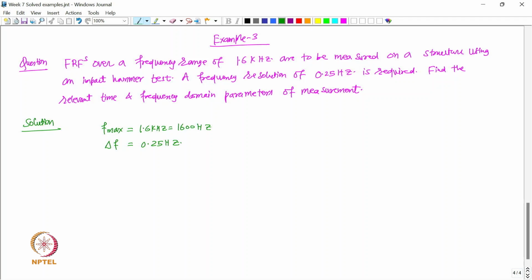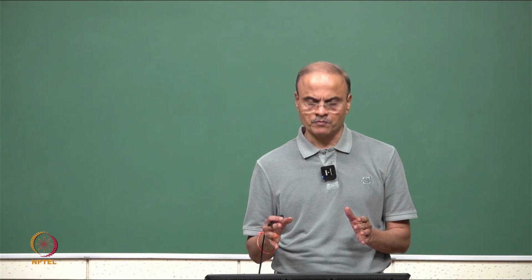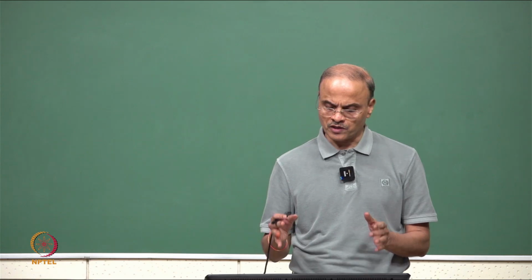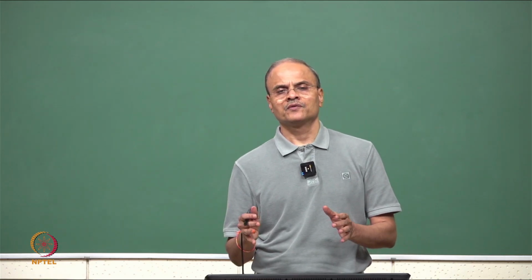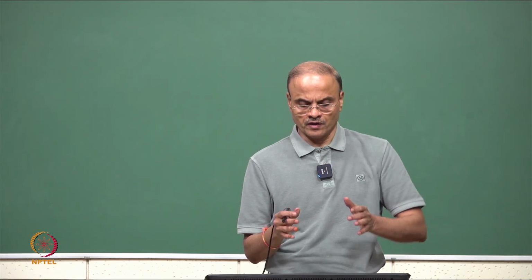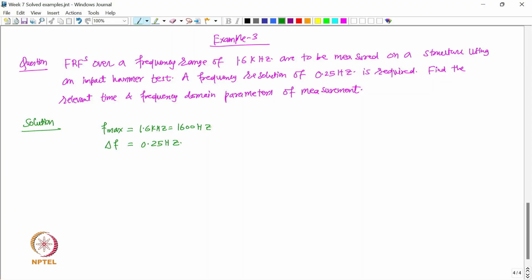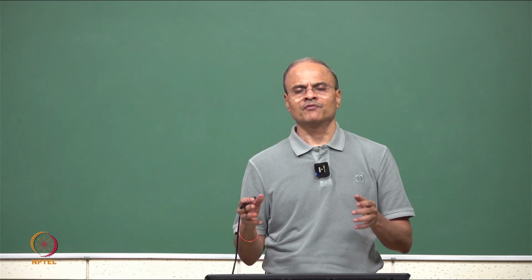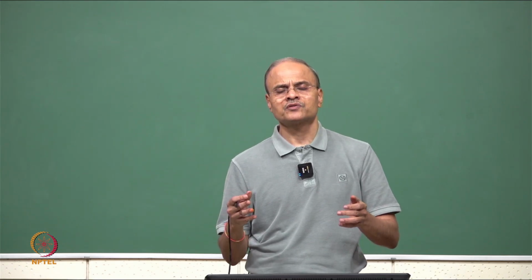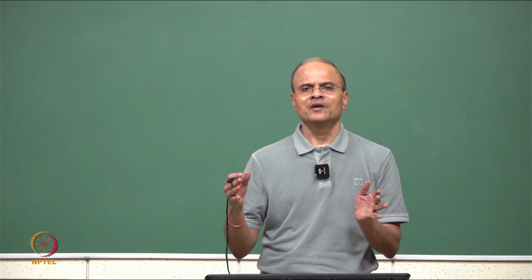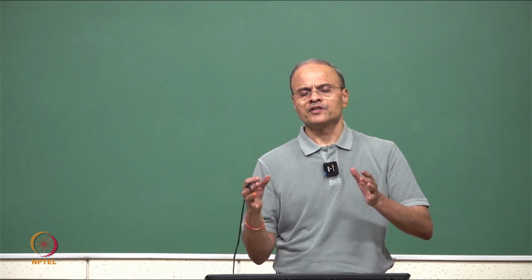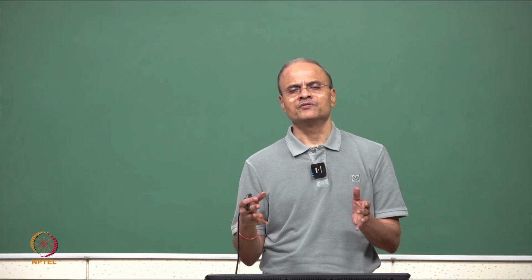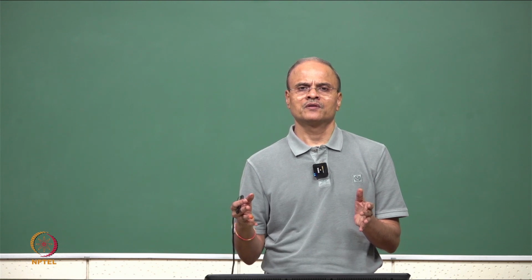And now we have to find the other parameters of the time and frequency domain. In this problem, we have to perform the measurement on a structure, correct, with the frequency range of 1.6 kilohertz. This structure, being a continuous structure, when we apply the force, it may itself have frequency components beyond 1.6 kilohertz, and the response also may contain frequencies beyond 1.6 kilohertz, isn't it?